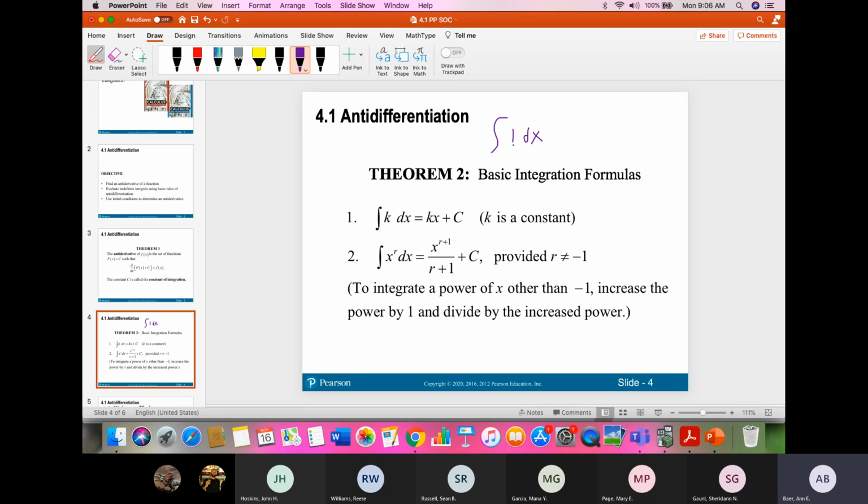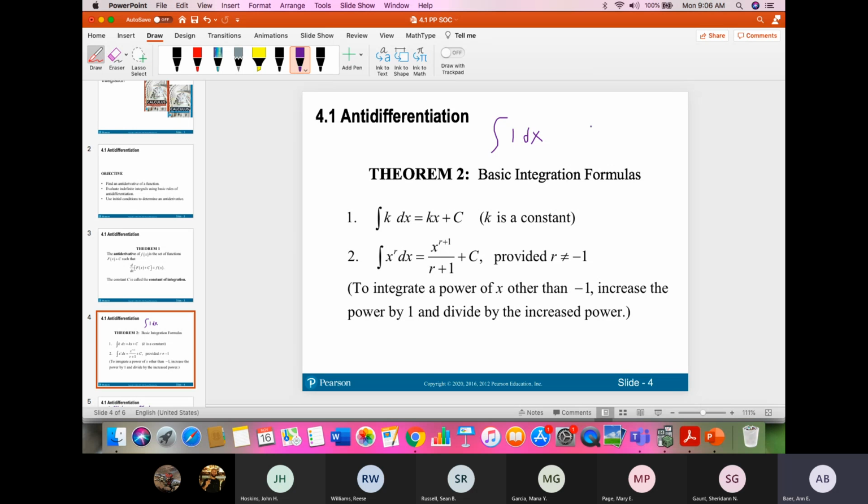Here's the big question of the day. Can anyone tell me which function, and we're looking for f of x, the original function, has a derivative of 1?